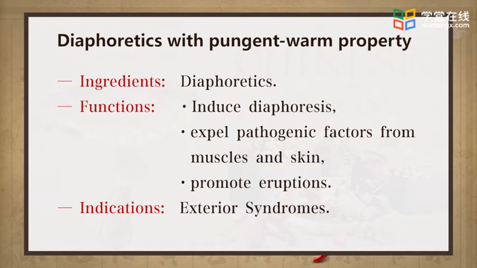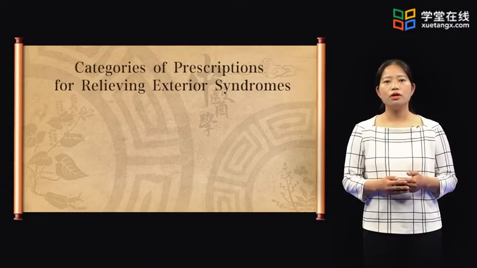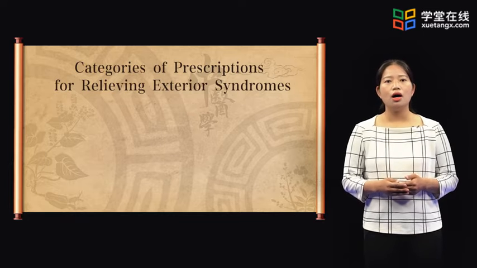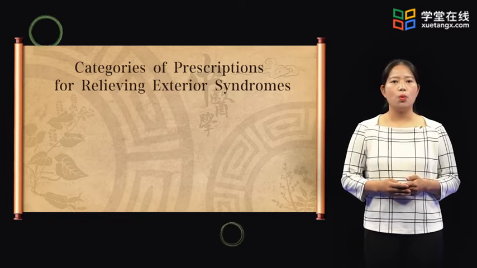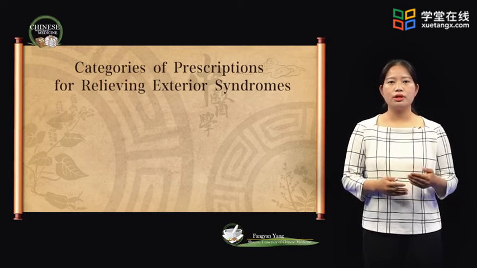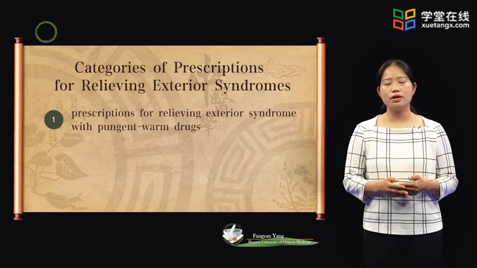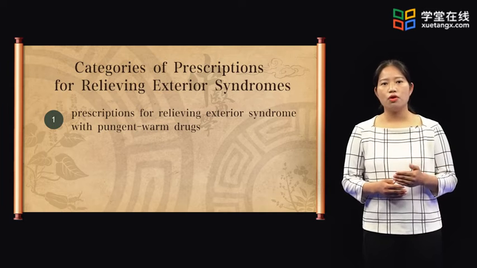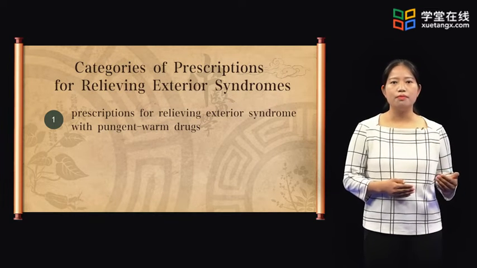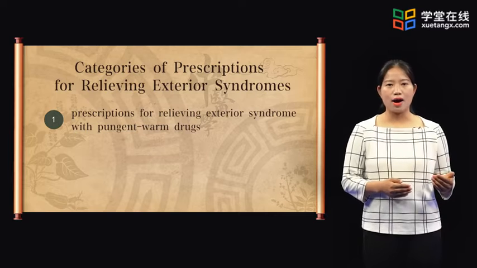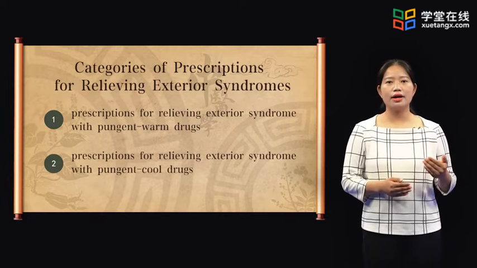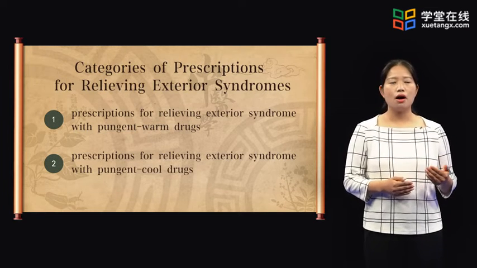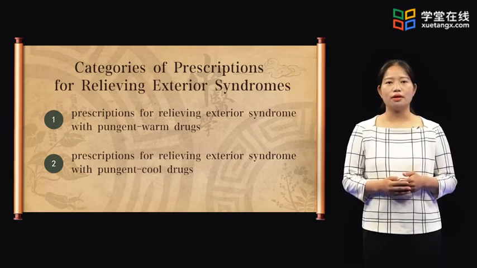Since exterior syndromes cover two types, namely the cold type and the heat type, these prescriptions are divided into those for relieving exterior syndrome with pungent warm drugs, and those for relieving exterior syndrome with pungent cold drugs accordingly.